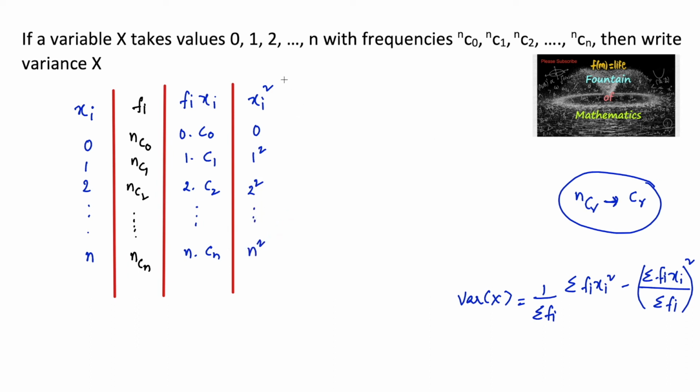Then fi xi square is 0 into C0, 1 square into C1 plus 2 square into C2 and so on, up to n square into Cn.